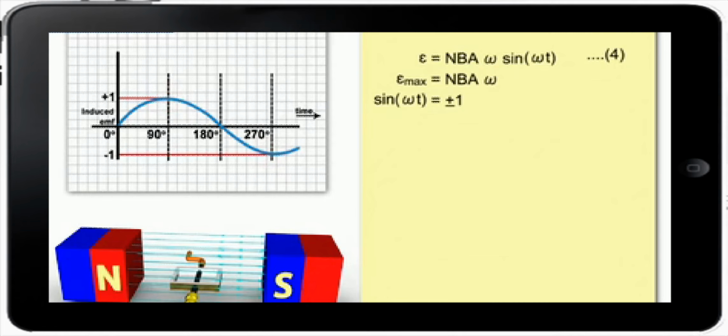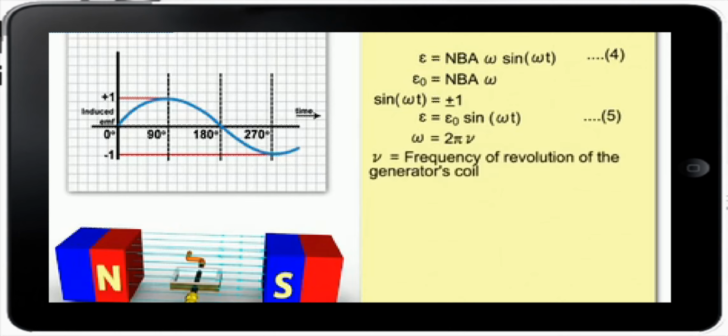Let us denote the maximum EMF, NBA omega, as E0. Then, the instantaneous EMF, E, is equal to E0 sine omega t. Let us label this as equation 5. We know that omega is equal to 2 pi nu, where nu is the frequency of revolution of the generator's coil.